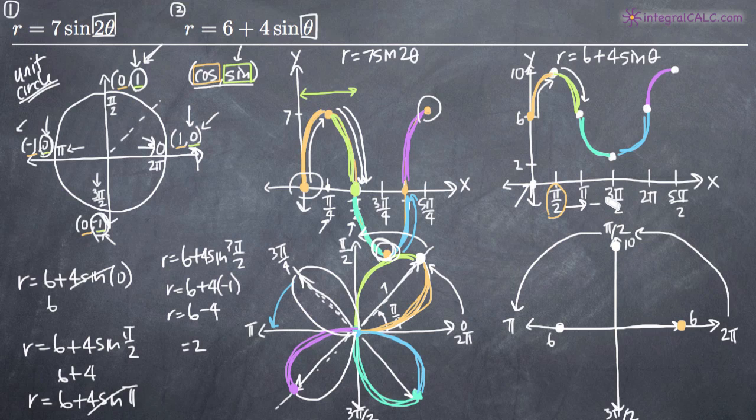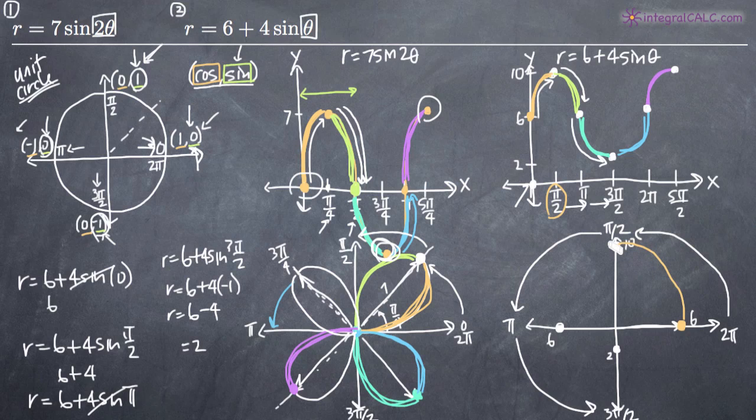Then as we move from pi to 3 pi over 2, we move from 6 down to positive 2. So we'll call this here positive 2 in that direction. This is 2. And if we connect these, we'll get orange here, which comes up to 10.